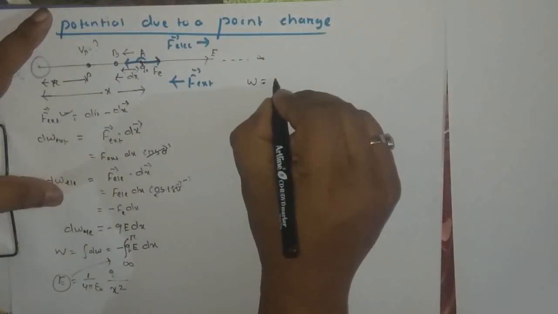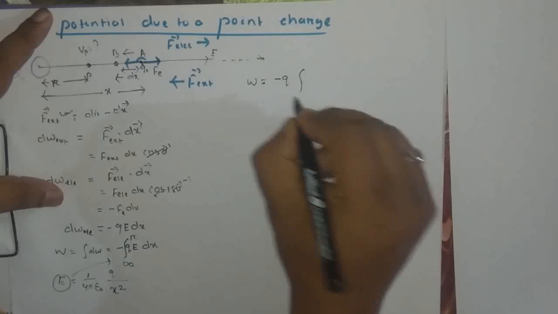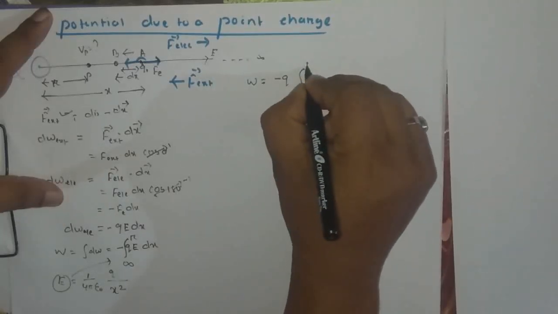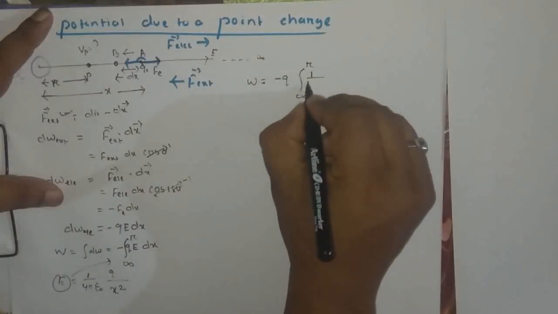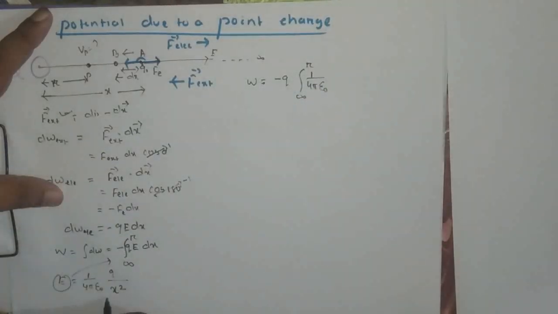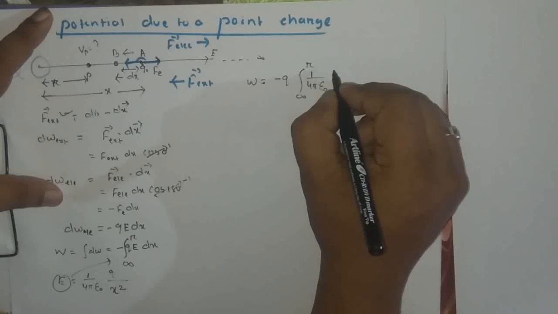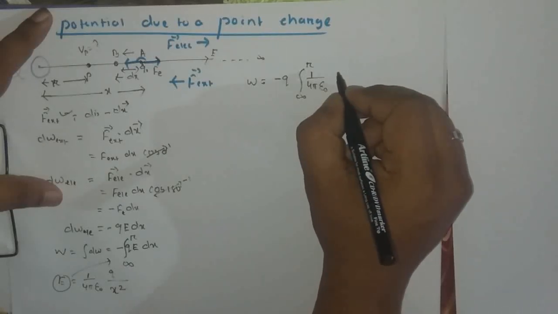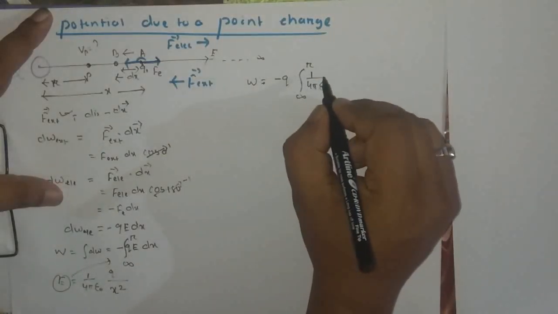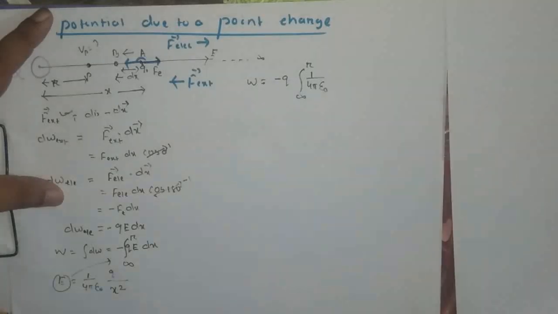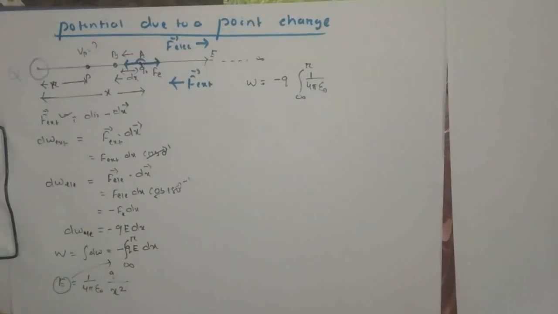minus q, limit infinity to r distance, 1 by 4 pi epsilon naught into... a little bit change.